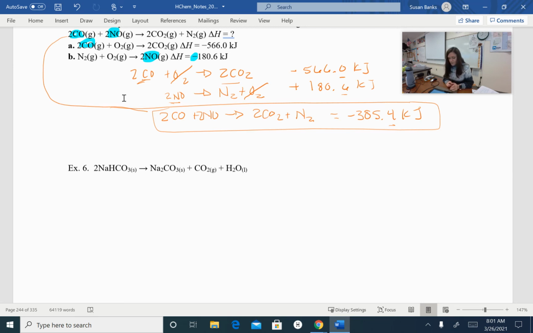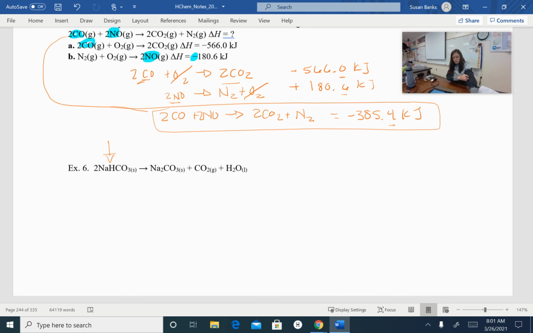So the thing that we have to think about is that everything on our reactant side, we are going to have to deconstruct. So we're going to have to take this and deconstruct it to its elements. Okay?